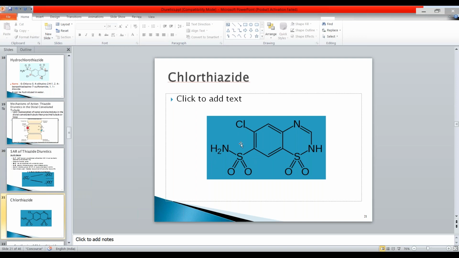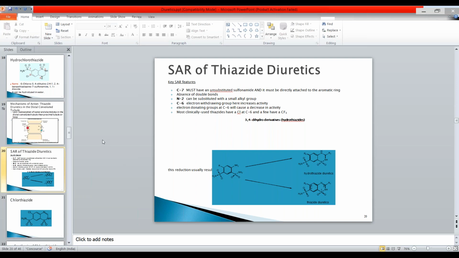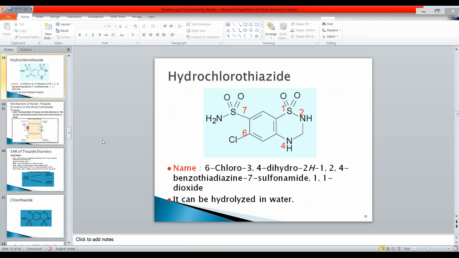And the second sulfur group is at position number 7. So you start from this 1, 2, 3, 4, 5, 6 and 7. This is for chlorothiazide. Okay, similarly take down the structure of hydrochlorothiazide.